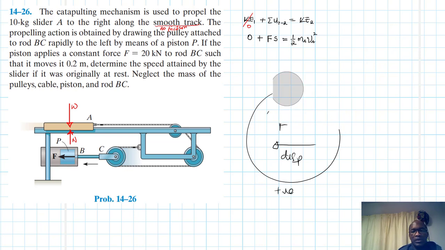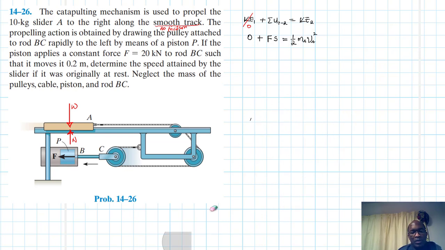All right, so let's write this down. We know the magnitude of our force is 20 kilonewtons. I'll convert it to newtons, and then we know how much the piston moves is 0.2 meters. And our mass for this slider is 10 kg.